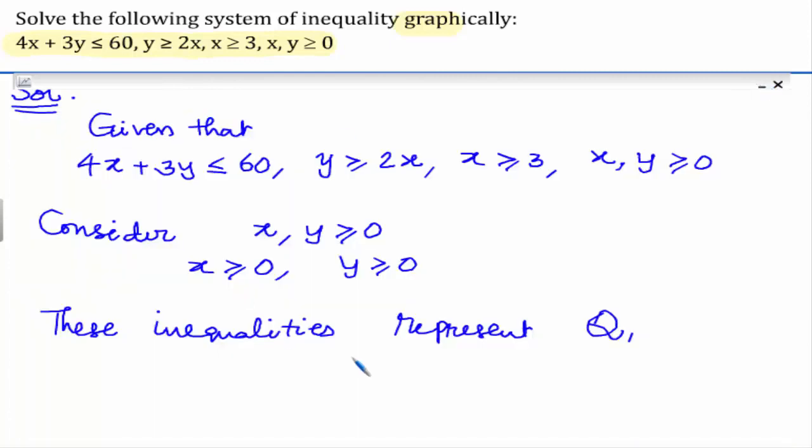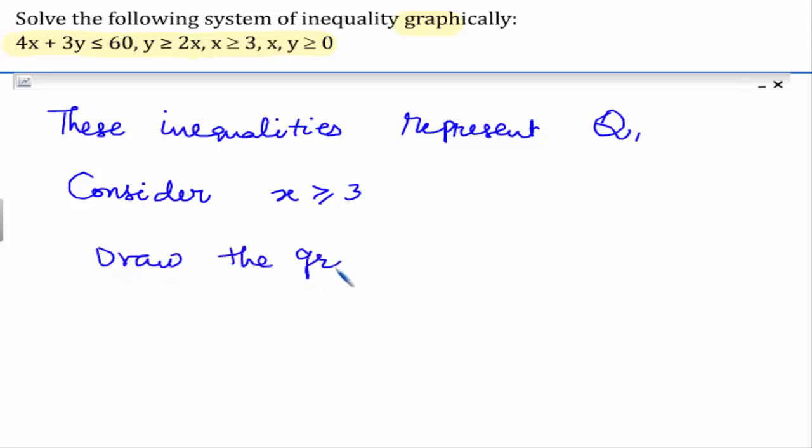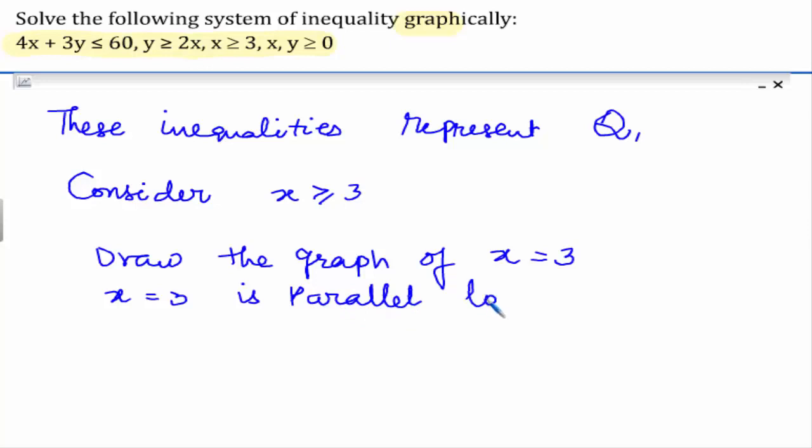Now let us consider x greater than or equal to 3. We have to draw the graph of x is equal to 3, and x is equal to 3 is parallel to the y-axis, and it intersects the x-axis at 3 units.